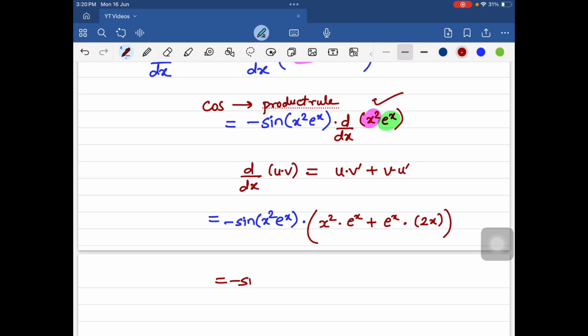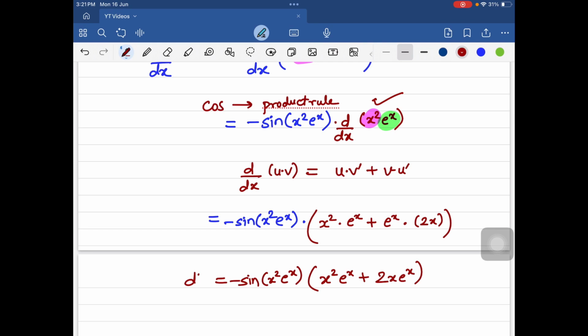So finally this is done. Only thing was here we had to apply the product rule. This was a little complicated and some students get confused. So we need to identify what kind of functions are there in the problem, and accordingly we can work it out. In the bracket there is one common term you can see, x e to the power x, so you can take it out if simplification is required.